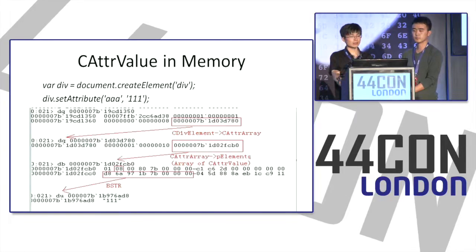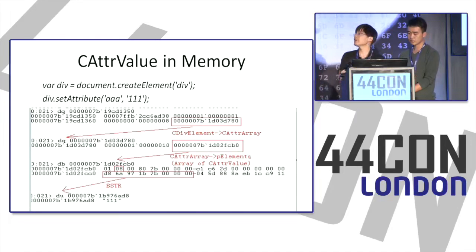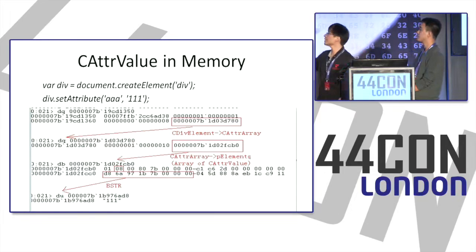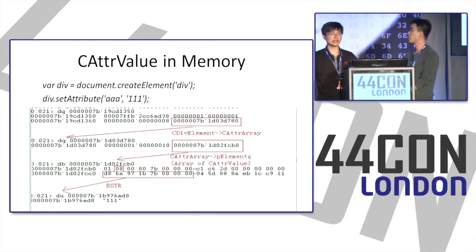Here is an example. We create a div element and set an attribute named AAA to this element. And if we look into the memory of this div element, we can see this div element contains a pointer to the CAttribute array. And the CAttribute array contains an array of CAttribute values.